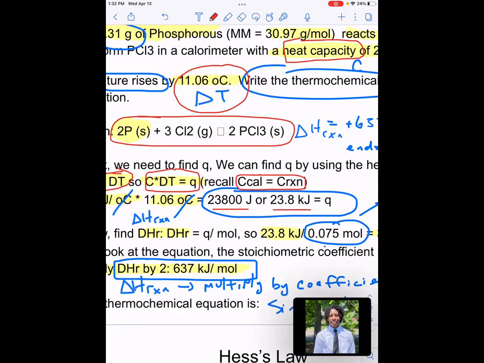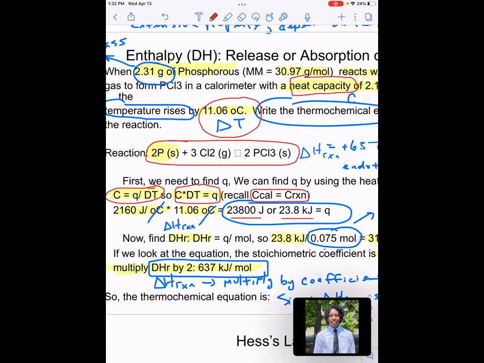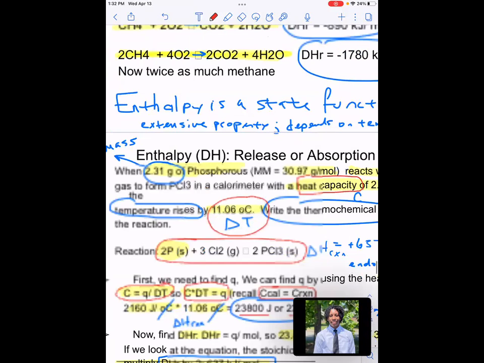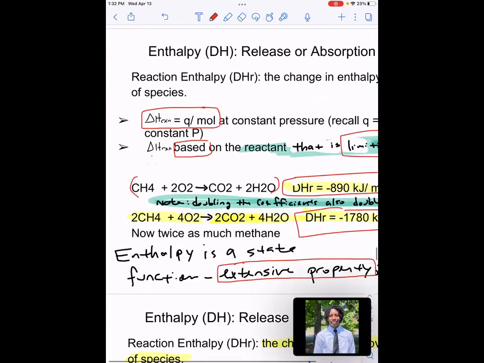That's Q. Once we find that, now we can figure out delta H of the reaction, because, let me go back right here, delta H for any given reaction is based on the limiting reagent and is Q per mole, or the heat per mole, either absorbed or released.